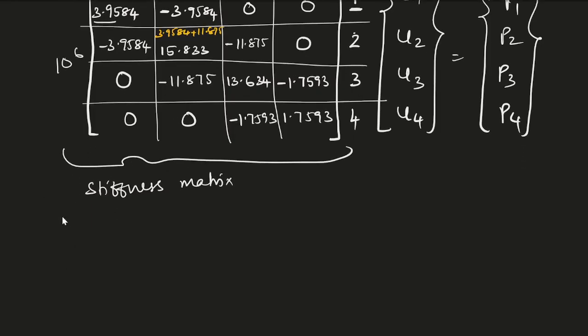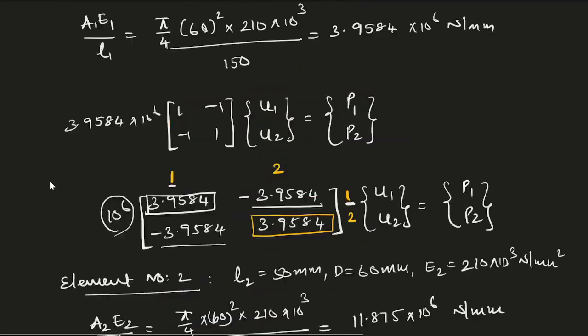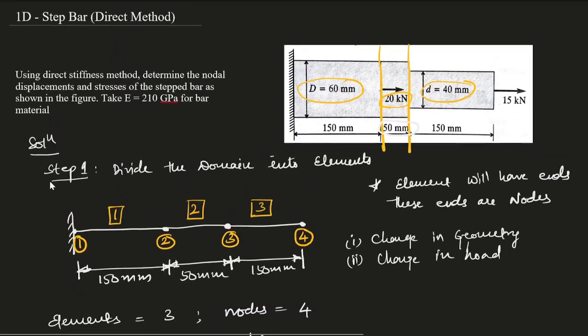The fifth step, step 5, is apply boundary condition. Here for the boundary condition we have to check the figure diagram. In this is your u1, u2, u3 and u4. If you see, u1 is fixed, so this node is not going to move anywhere.